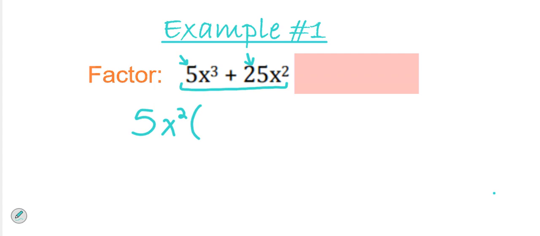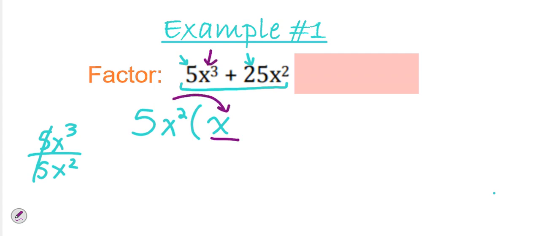So you could either use, like we did last video, 5x cubed divided by what we're taking out, 5x squared, leaves us with what? Just a plain old x. Or you could play the game that says, what should I put here so that this times this gets me back to that, right?